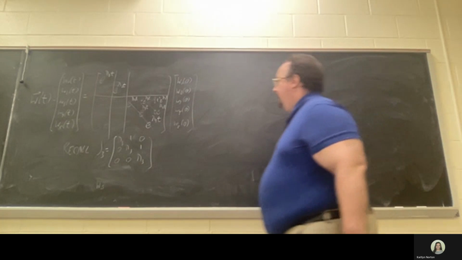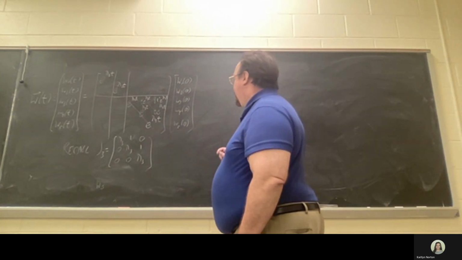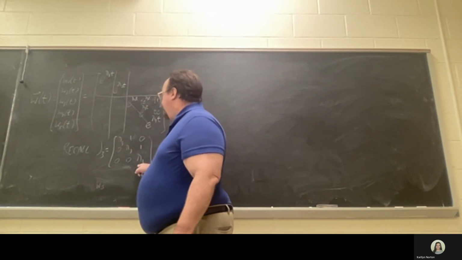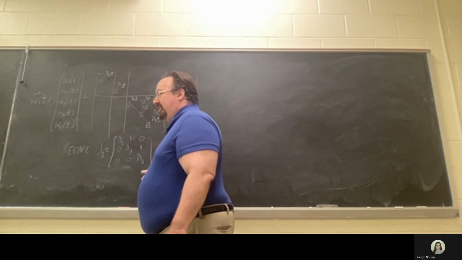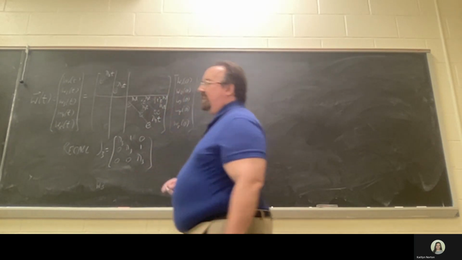When we had just the lambda 3's on the diagonal, if we took the exponential of this, it was just e to the lambda 3t down the diagonal. But now we have these 1s. So how's that going to affect things?